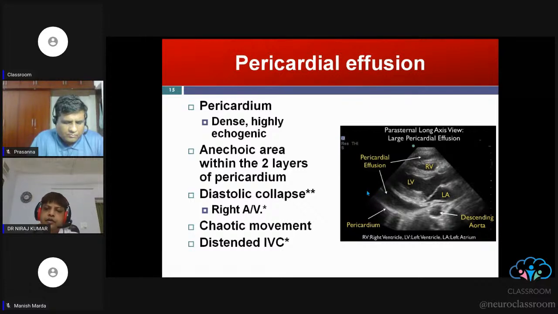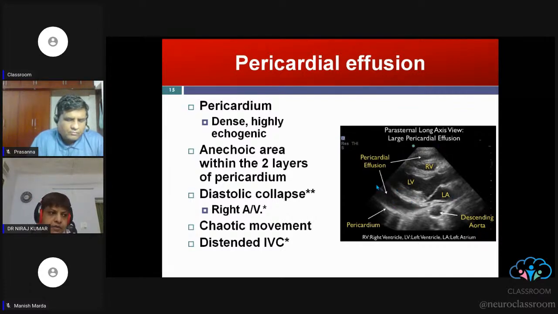Remember, pericardial effusion may be a small amount or a large amount. In a small amount, there may be a hypoechoic stripe. But in a larger pericardial effusion, the anechoic area will be totally surrounding the heart.